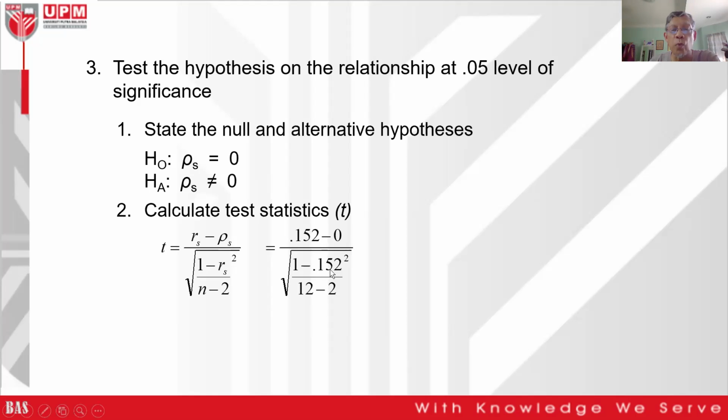So RS is 0.152, square that value, divided by n is 12, and then minus 2. So you just plug in the values accordingly, and then solve for this.